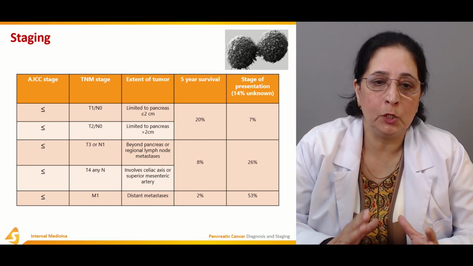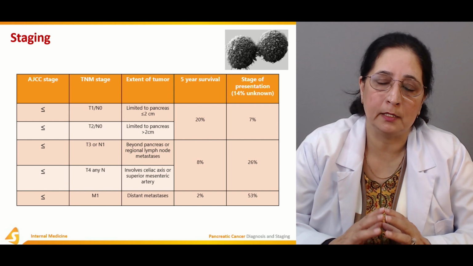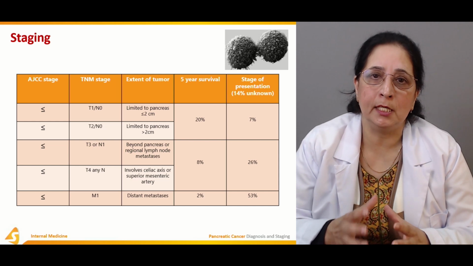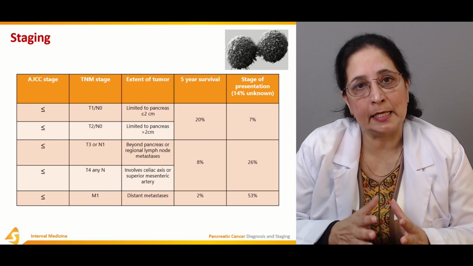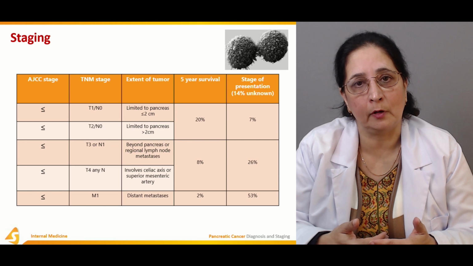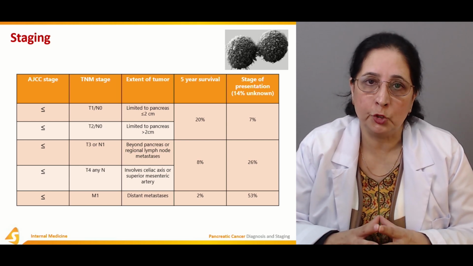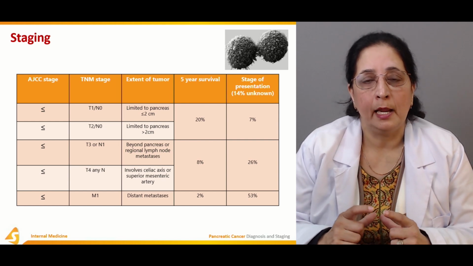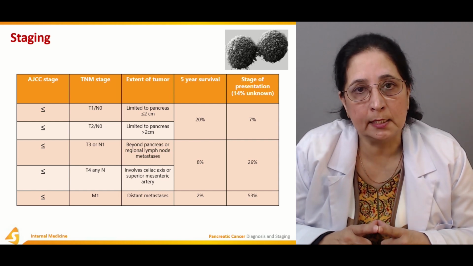T1N0 is a tumor limited to the pancreas and less than 2 centimeters. As the tumor size increases, the staging progresses accordingly. In T2, the tumor is more than 2 centimeters, but still limited to the pancreas, with no spread to the surrounding area and no distant metastasis.